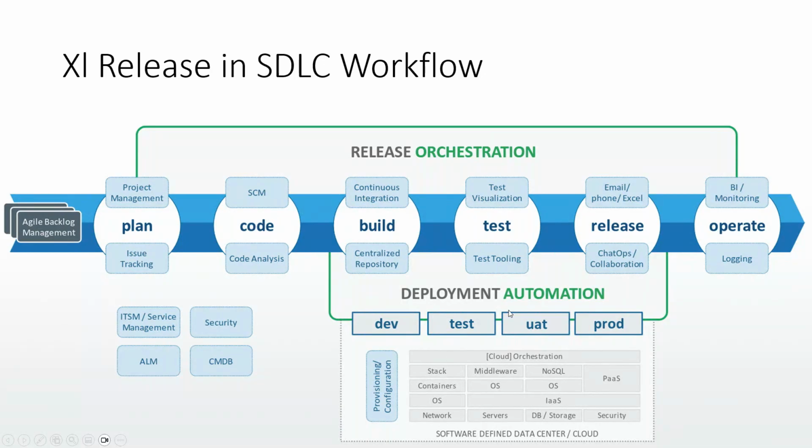And typically the release process and deployments, which we do during the build, test, release, we do for multiple environments: dev, test, UAT, prod. So these are the things where we can use our Excel release.